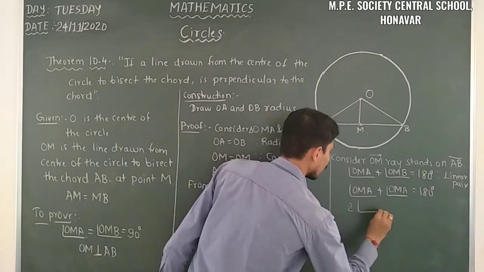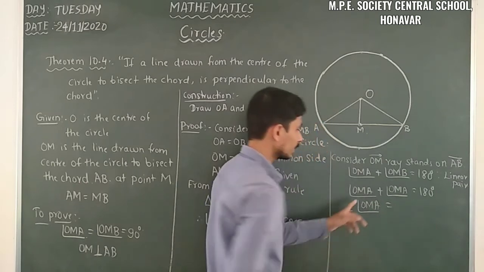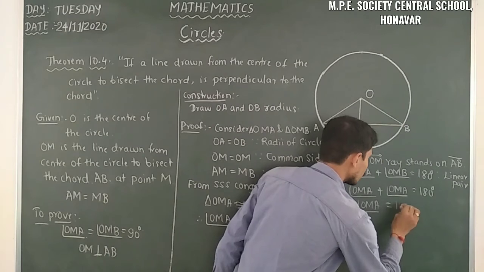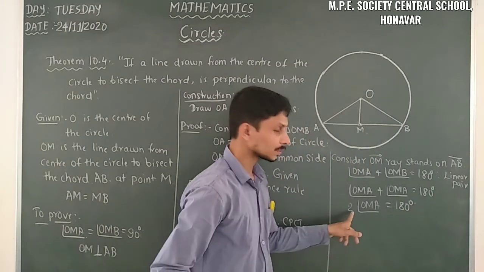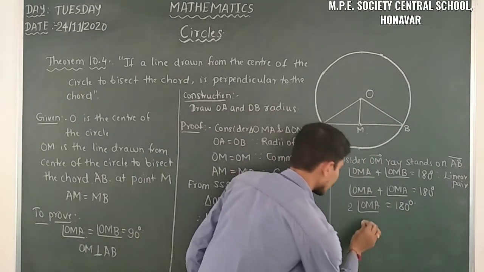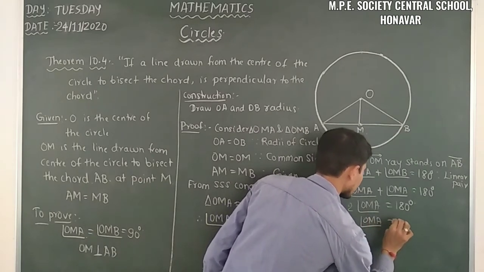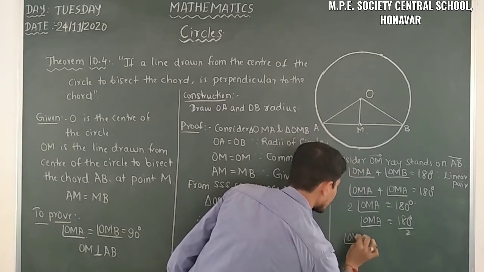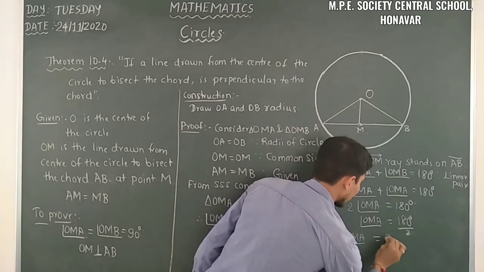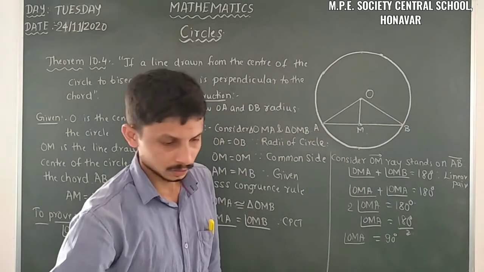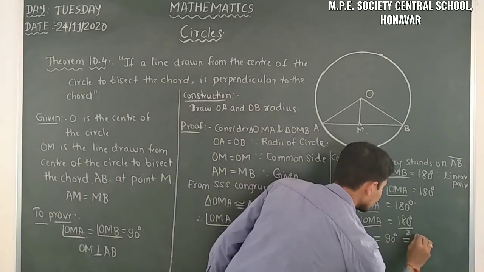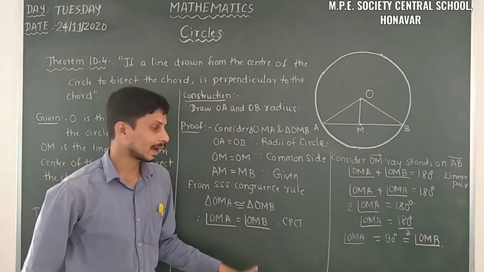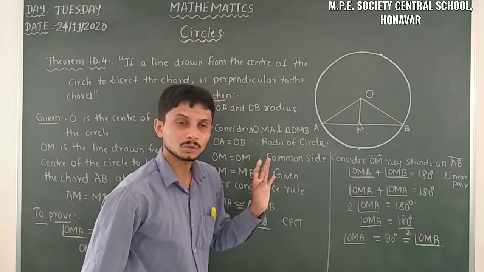This implies 2 times angle OMA is equal to 180 degrees. Transposing the 2 to the right-hand side, angle OMA is equal to 180 degrees divided by 2, so angle OMA is equal to 90 degrees. Since angle OMA is equal to angle OMB, angle OMB is also 90 degrees.